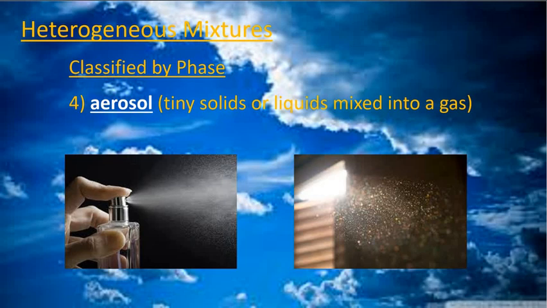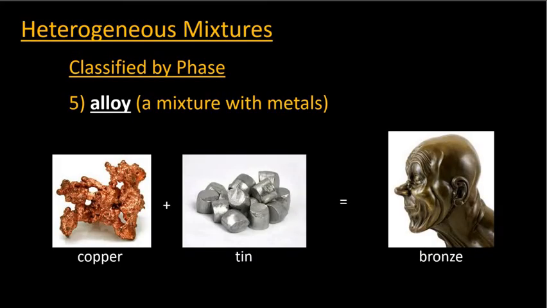Okay, our last category for the day are alloys, which is a mixture of metals. Okay, for millennia, people have used different metals like copper, tin, iron, things like that.